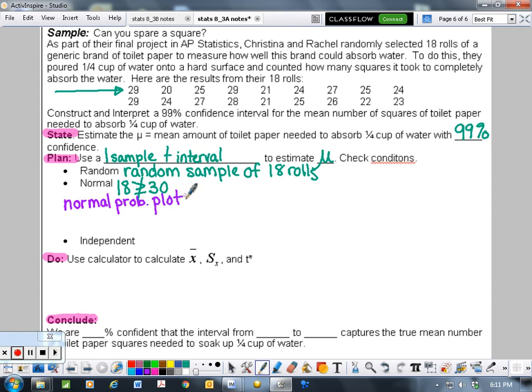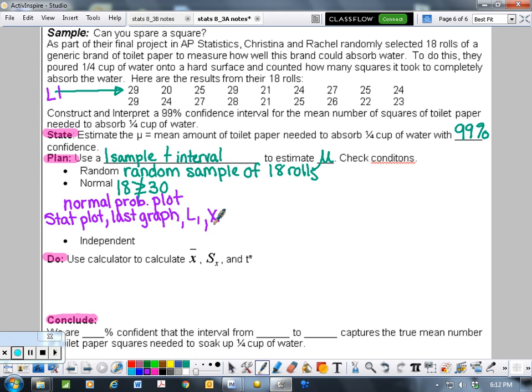So we're going to take our calculator, put these in list 1, and do a stat plot. We're going to go to the last graph on the stat plot, and graph our list 1 on the x-axis and see how that looks.